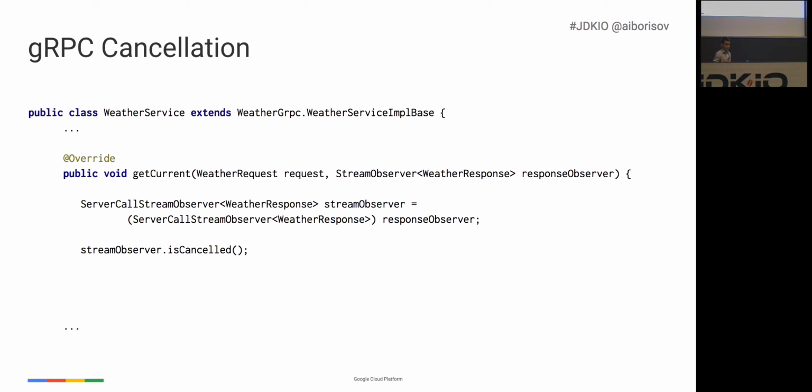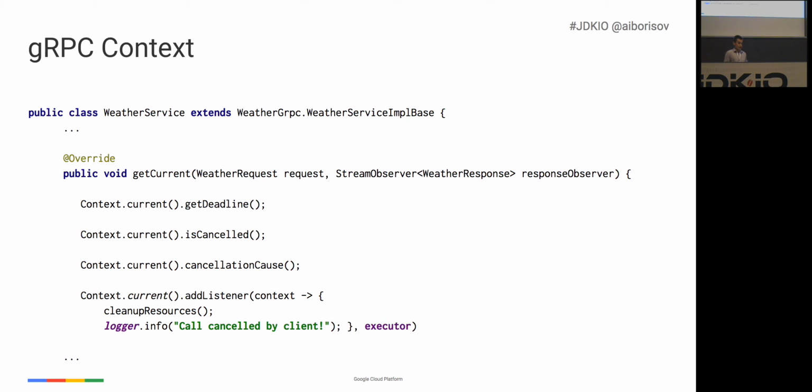If we need additional methods, we can cast it to ServerCallStreamObserver, and we will get additional methods like isCancelled. isCancelled returns true if our client already cancelled the request. The API allows us to subscribe to cancellation as well, and we can clean up some resources, cancel non-gRPC calls, stop calculations, and do something else when the request is cancelled.